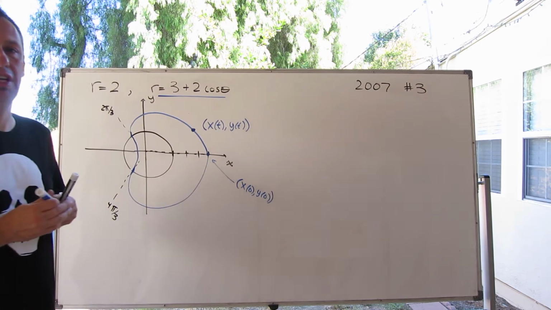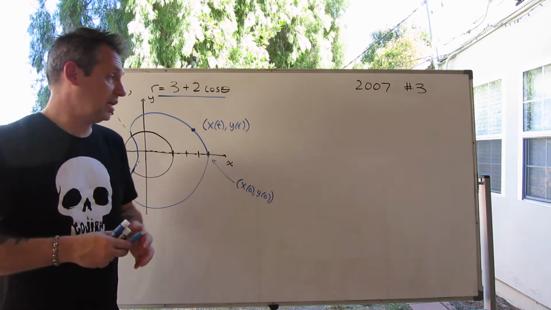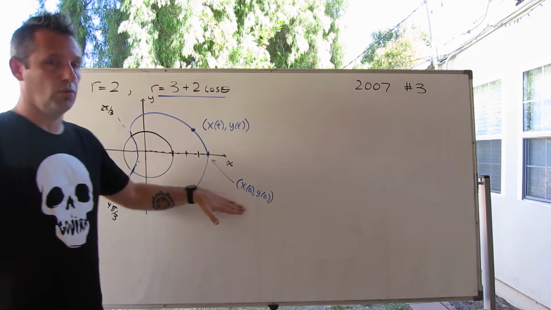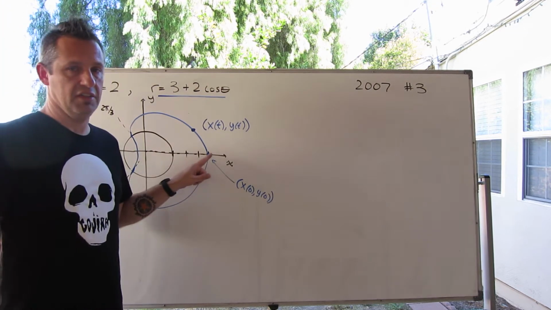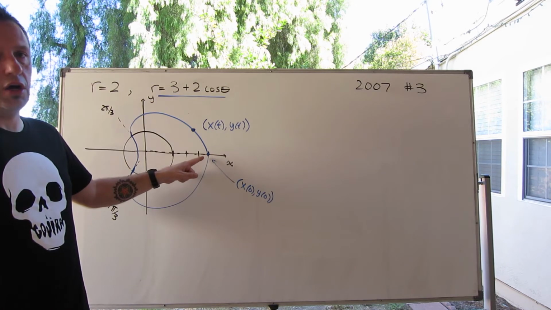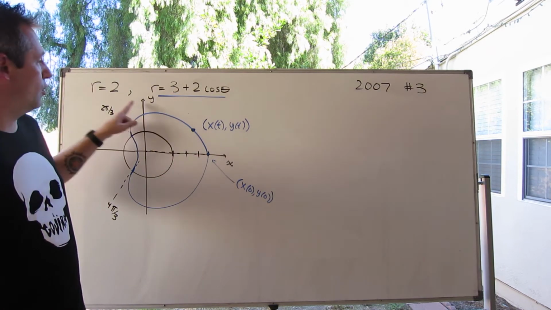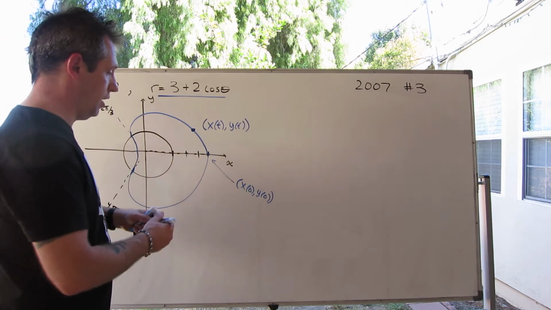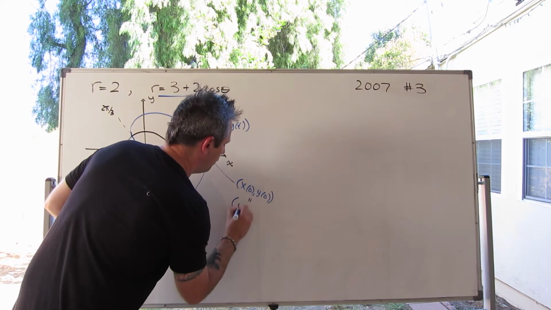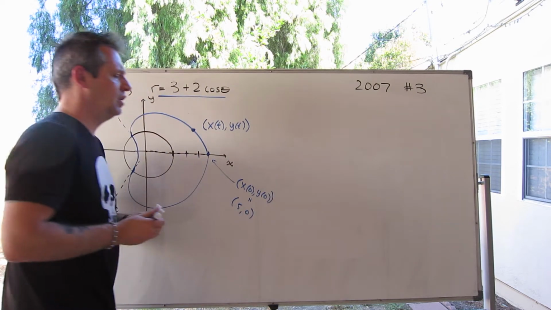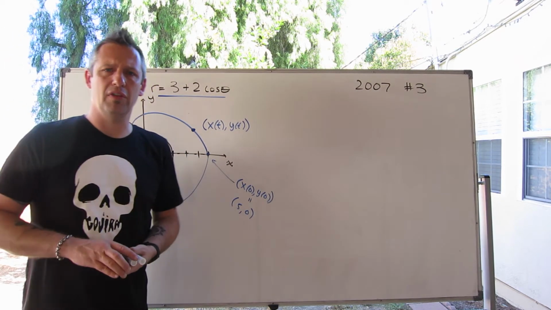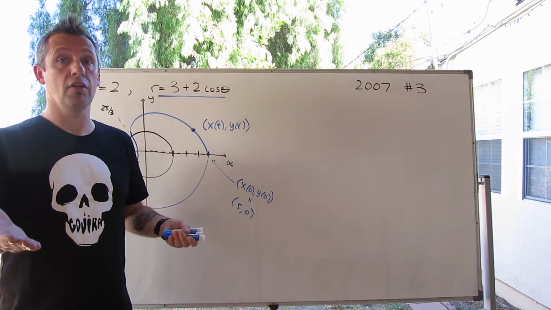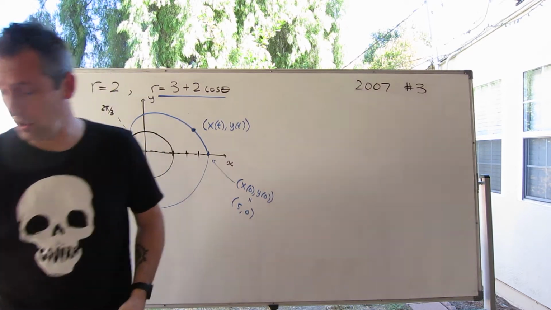That's its position at time 0, which we can easily find by just thinking about it. At theta equals 0 we know that r is 5, and so its position at time 0 is 5 comma 0. This has a lot to do with converting things into parametric equations, the stuff we did in order to do calculus ultimately on polar curves.